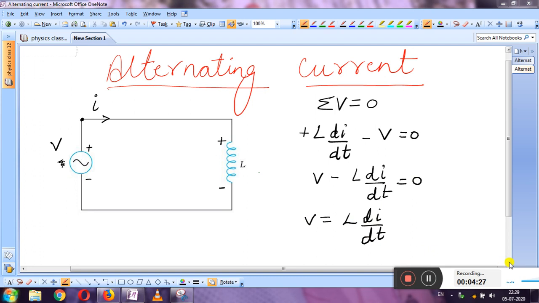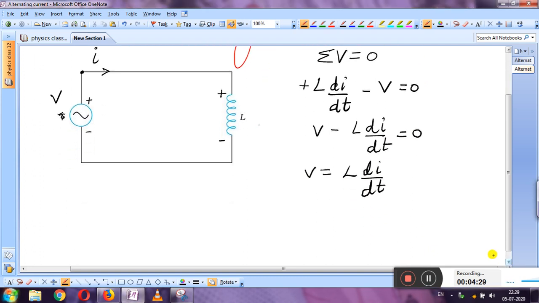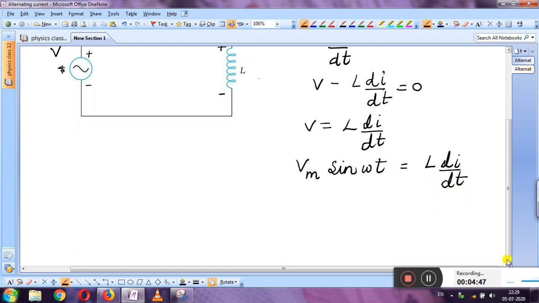Then the value of V can be written like this: Vm sine omega t is equal to L di by dt. From here I will find out the value of di.